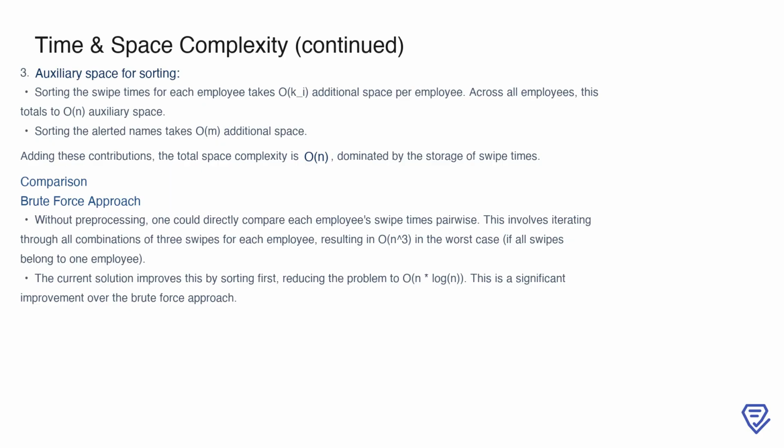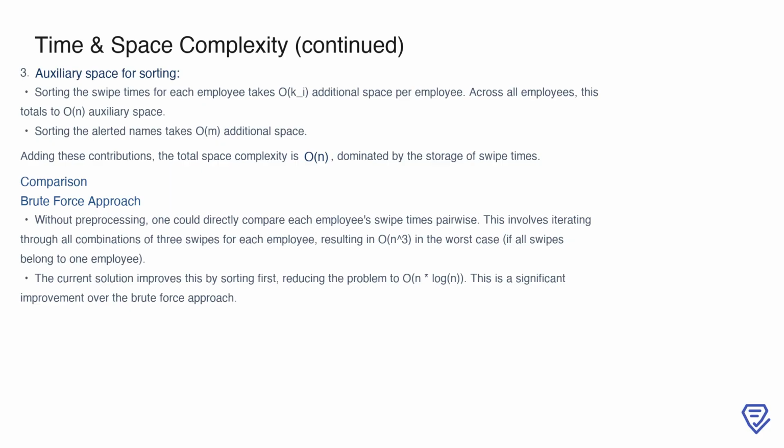Similarly, sorting the alerted employee names alphabetically requires additional space proportional to the size of the list, or m. Combining these factors, the total space complexity of the solution is n, which is dominated by the storage of swipe times. In comparison to a brute force approach, our solution is much more efficient.